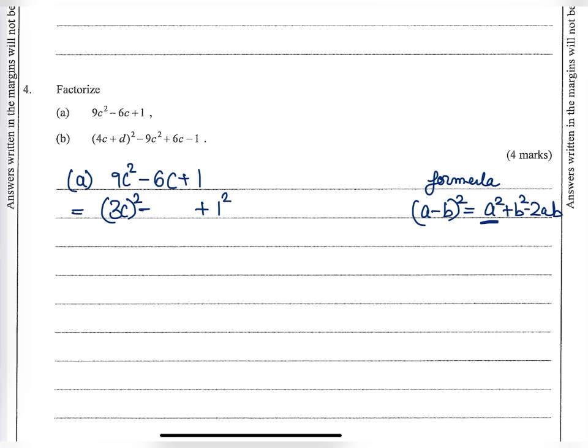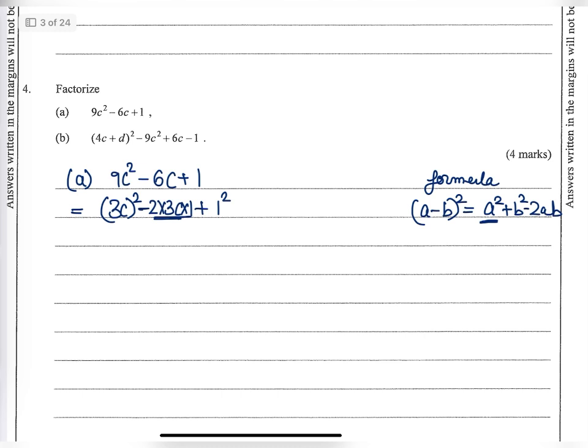Then negative 2 times 3c times 1 is equal to negative 6c. So this becomes the formula of 3c minus 1 whole square. Now by using this, we can solve part b as well.